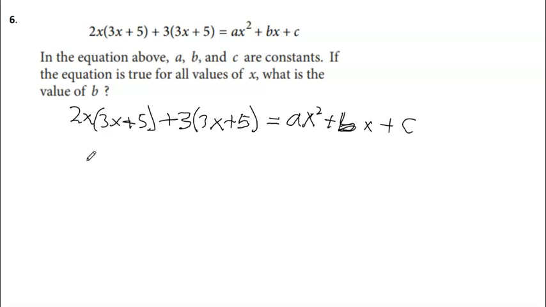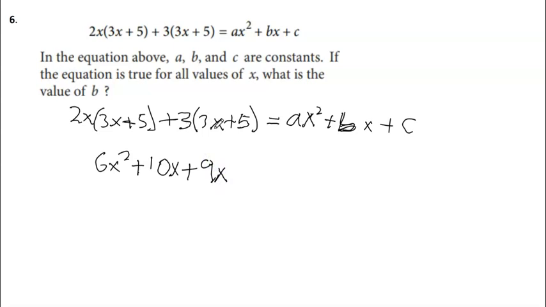Let's expand. 2x times 3x is what? 6x squared. And then 2x times 5 is equal to what? Plus 10x. Then we have plus 3 multiplied by 3x is equal to what? Plus 9x.